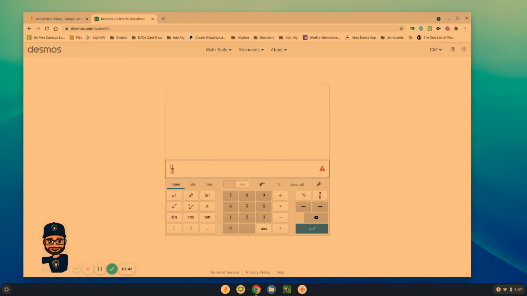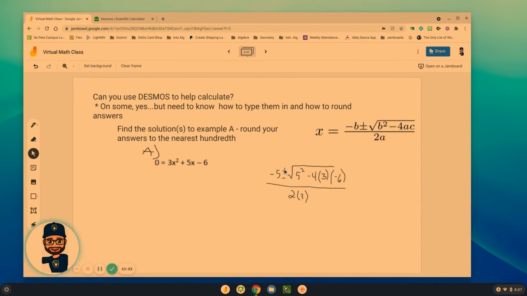And then I'm going to go -5 plus. I'm going to start out with the plus one. Even though we have plus or minus, we're going to type this in twice: once using the plus sign, and then once using the subtraction sign.